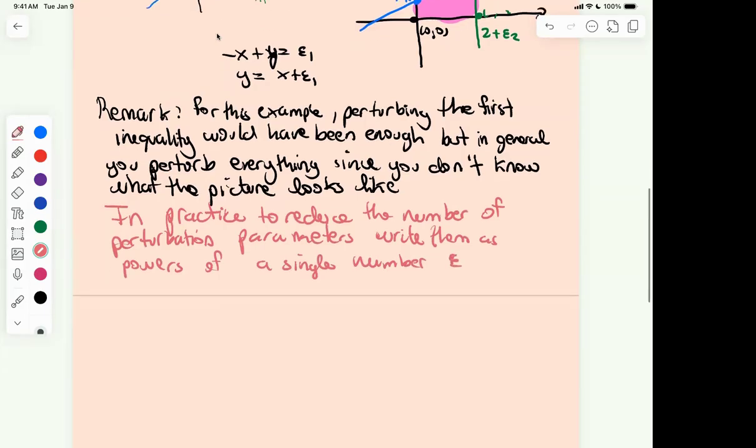By that, I just mean that you take epsilon1 to be epsilon, epsilon2 to be epsilon squared, epsilon3, if there were, there's none here, epsilon cubed, epsilon4 to be epsilon to the fourth, etc.